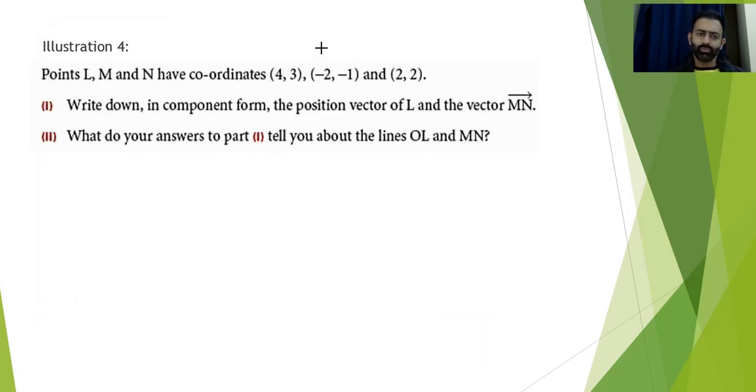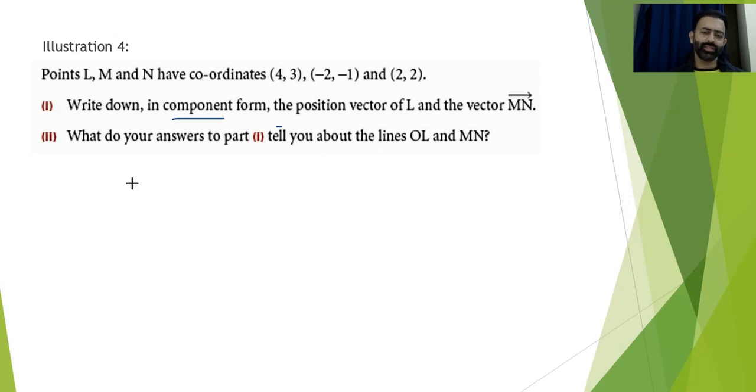For example, let this illustration say that the points L, M and N have coordinates 4, 3, minus 2, minus 1 and 2, 2 respectively. We have to write down in component form the position vector of L and the vector MN.